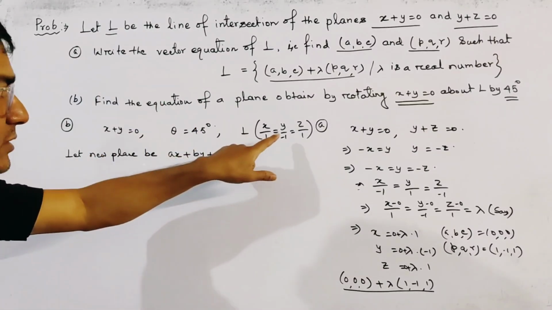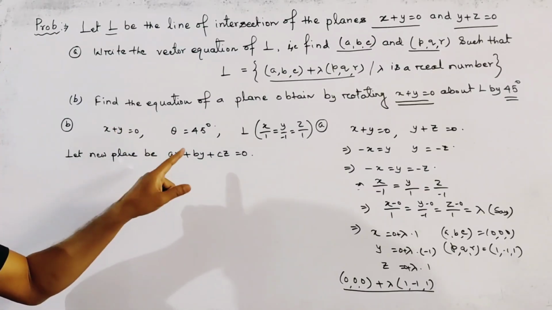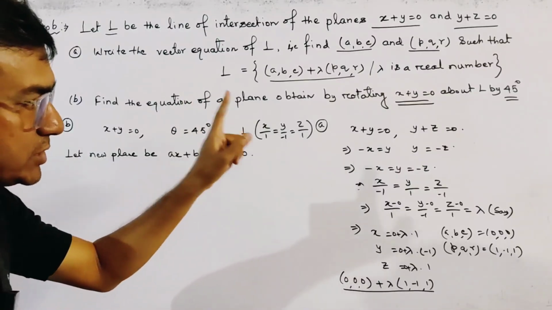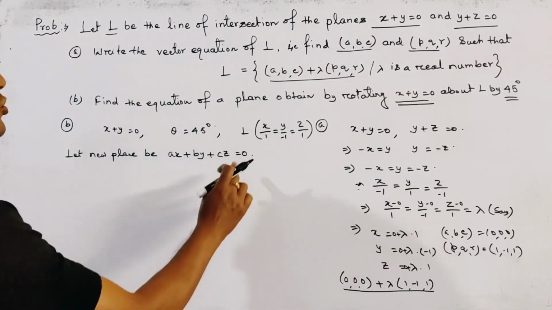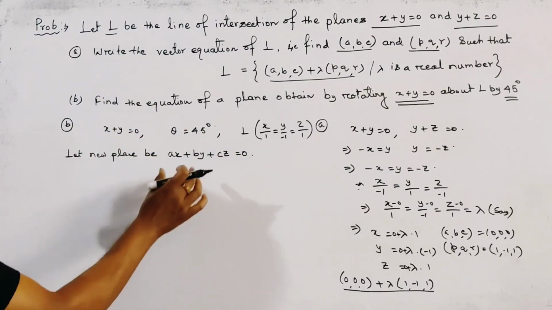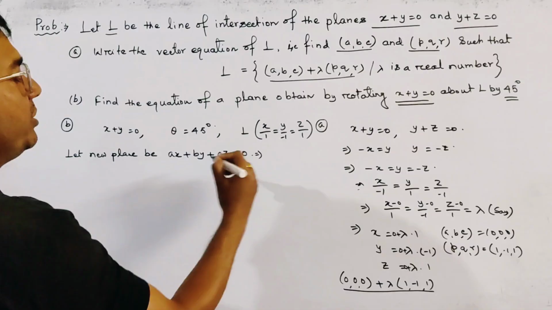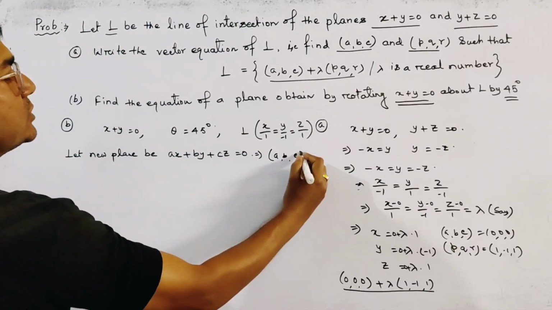The plane must contain the line, and the line passes through the origin, so there is no constant term. For this reason we let this form, and for this plane, obviously (a, b, c) is the normal.